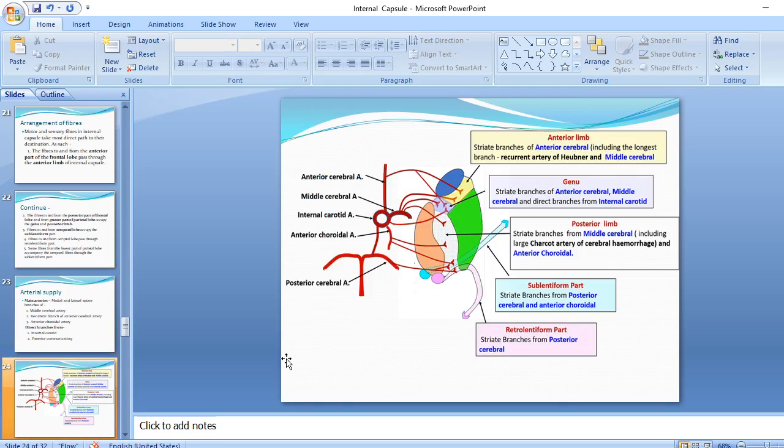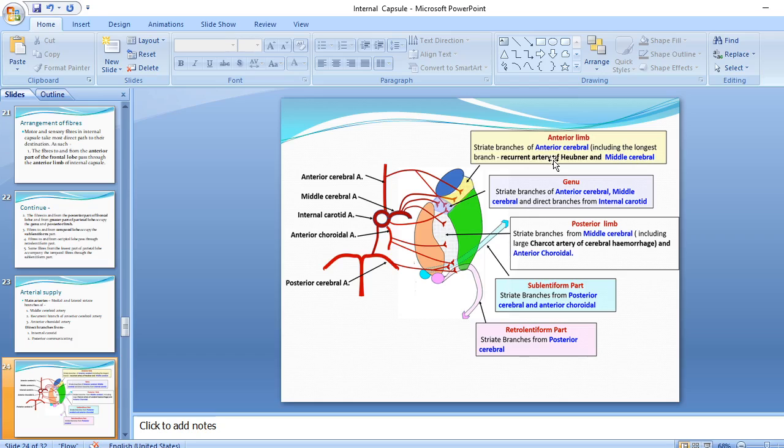Here you can see the various parts of the internal capsule which are supplied by these branches in this diagram. The anterior limb is supplied by the striate branches of the anterior cerebral artery, including the longest branch, that is the recurrent artery of Heubner, and branches of the middle cerebral.